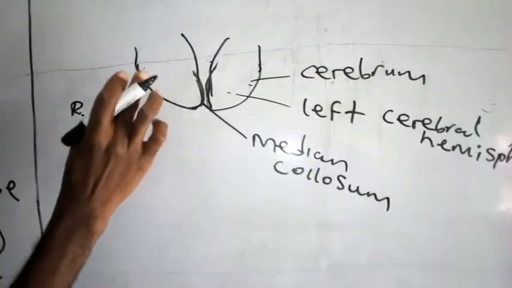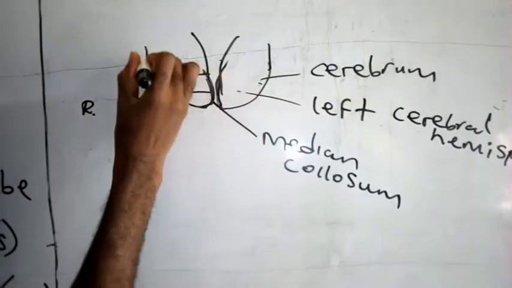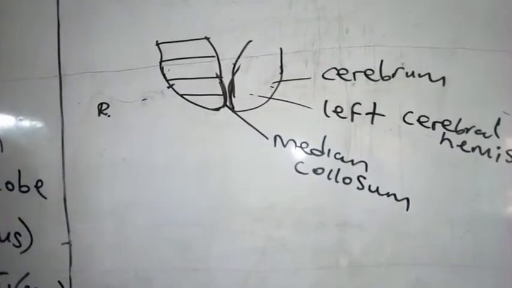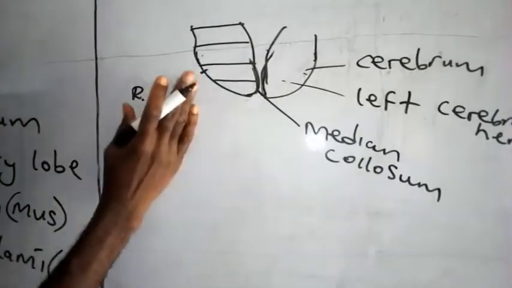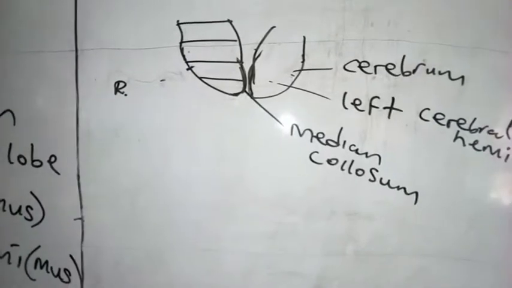Now, each of these hemispheres is divided into 4 different parts. The right cerebral hemisphere is divided into 4 parts, and the left cerebral hemisphere is equally divided into 4 parts.